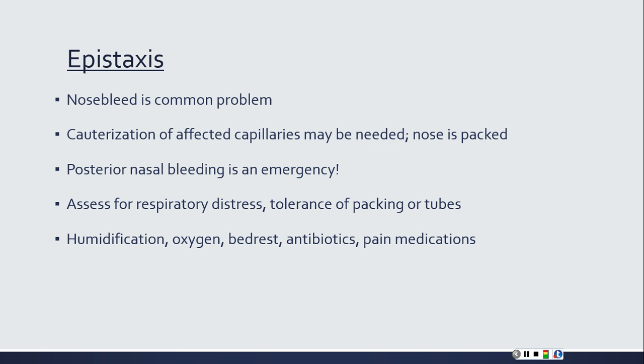You want to assess for respiratory distress and also tolerance of packing or tubes. One of the things you'll see when they come back, if they've done a cauterization or some kind of procedure where they had to pack, they'll actually have a string that they'll tape to the side of the cheek. You may have a guess on what that's going to be for. Oh yeah, retrieve them so we can pull them out for sure.